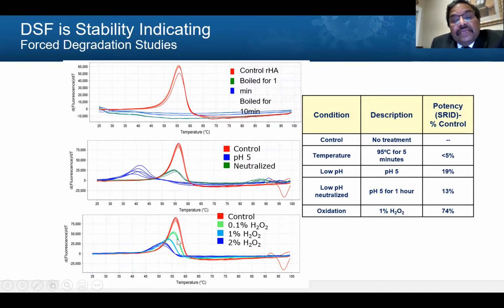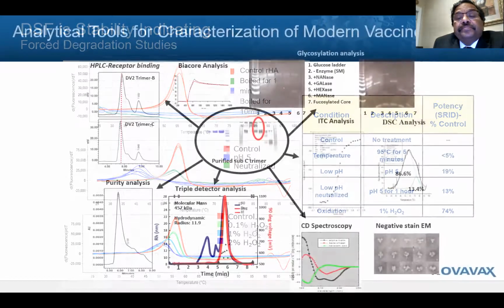If we do oxidization, with increasing oxidizing agent we see denaturation of the protein. So the technique can be used very effectively in stability-indicating assays for measuring forced degradation, and also for potency.